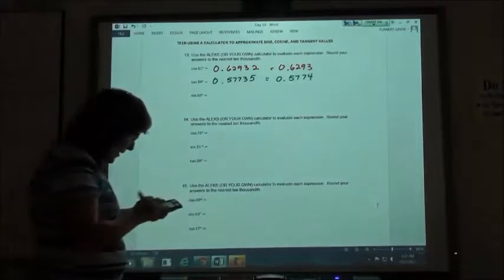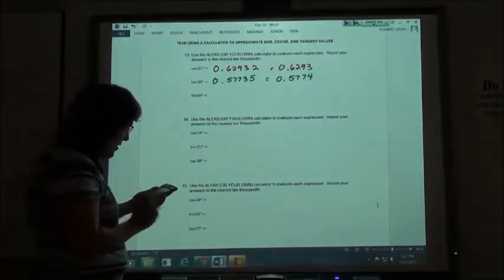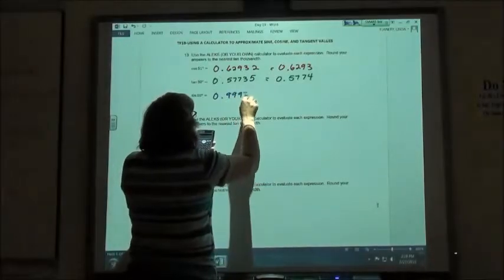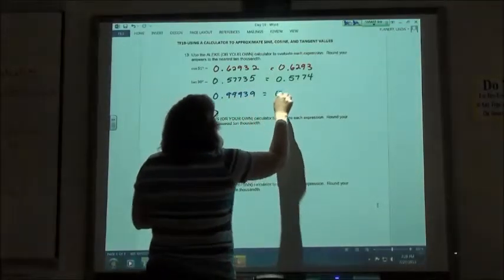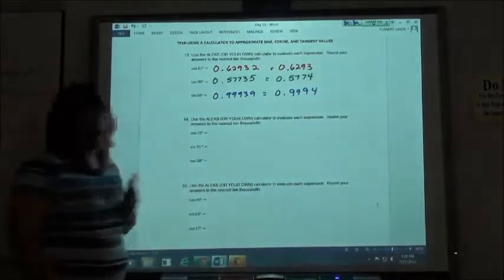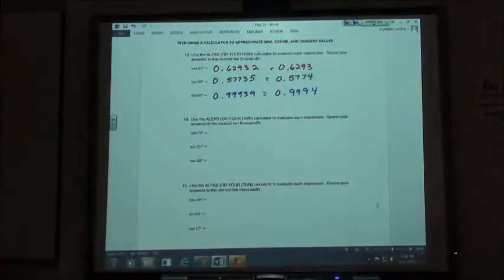Sine of 88 gives me 0.99939. So 0.999, and again I've got to round that one up to 4 since there's a 9 behind there.